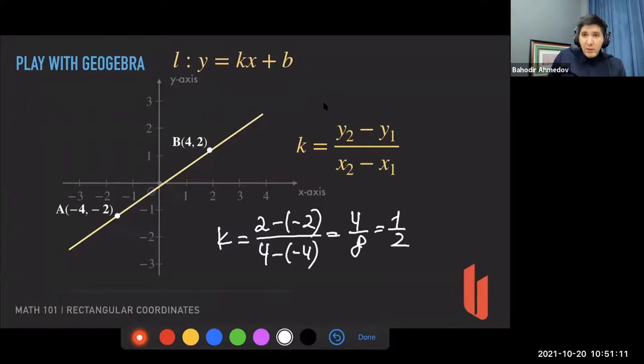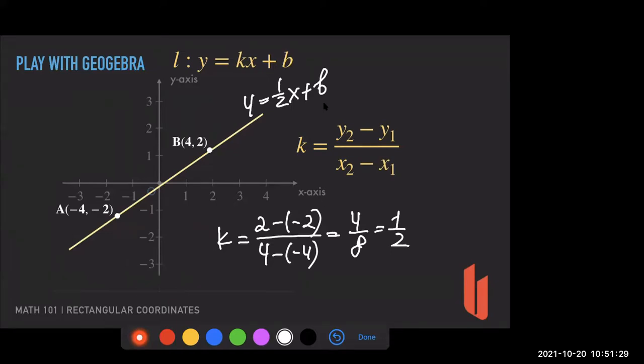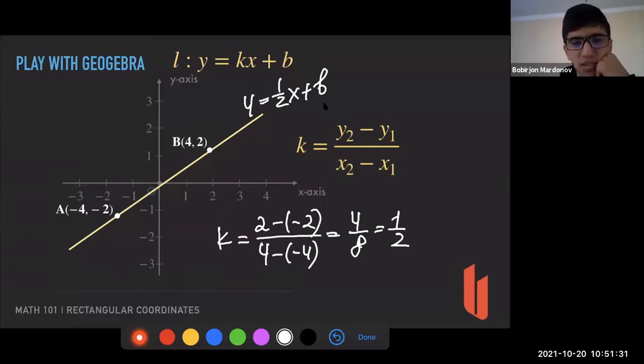Now we already know one parameter of this line. It is in the form y equals 1 over 2 x plus b. What you need to find is b. Any ideas how we can find b? Yes, you substitute values, like in the previous example.